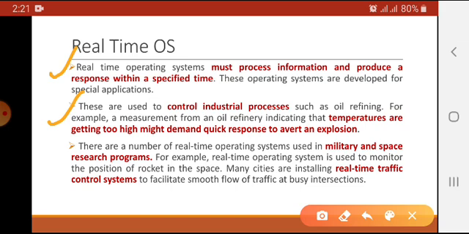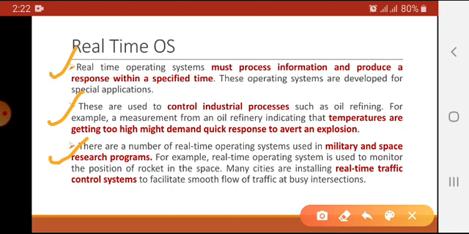There are a number of real-time operating systems used in military and space research programs. For example, a real-time operating system is used to monitor the position of a rocket in space. Many cities are installing real-time traffic control systems to facilitate smooth flow of traffic at busy intersections.